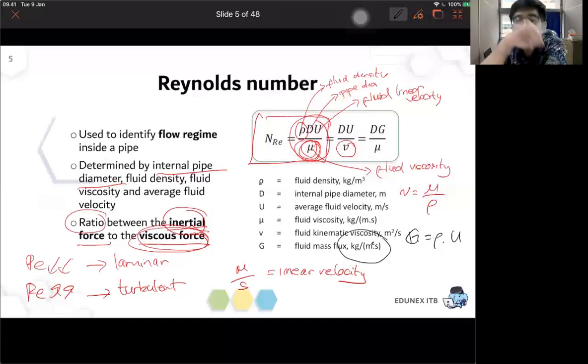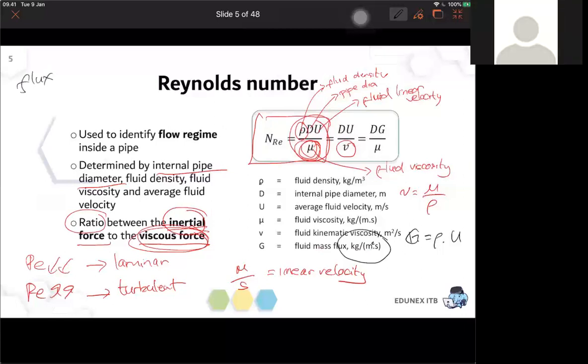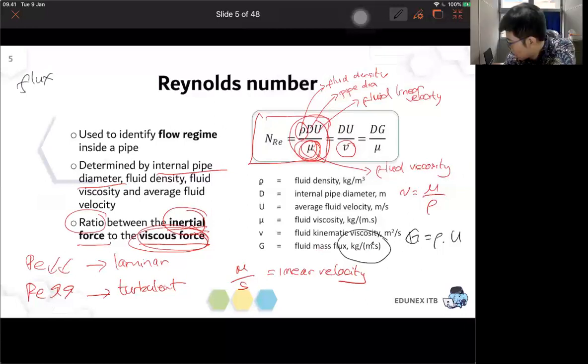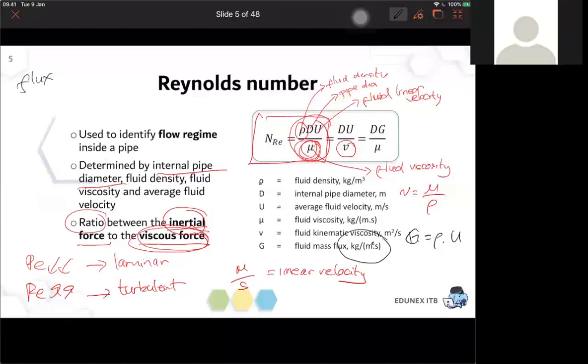I don't know how to explain in a more simpler way, because the definition of flux, any type of flux, later if you study about electricity, not only electricity, heat transfer, magnetic field, you sometimes will encounter heat flux.